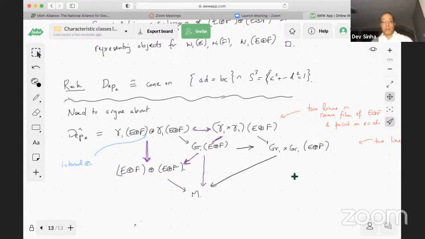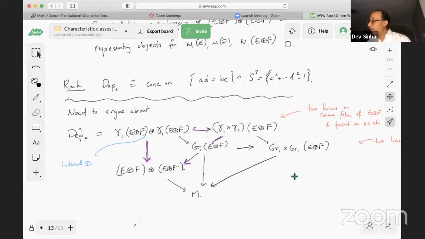And that's going to sit nicely over E plus F, and that's where the cochains on that bundle is where this argument is happening. And this other space is going to allow me to interpolate between my gamma 1 direct sum gamma 1 and something that's going to represent the other side of the Whitney sum formula.